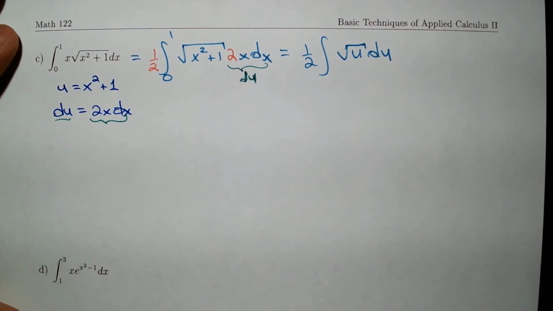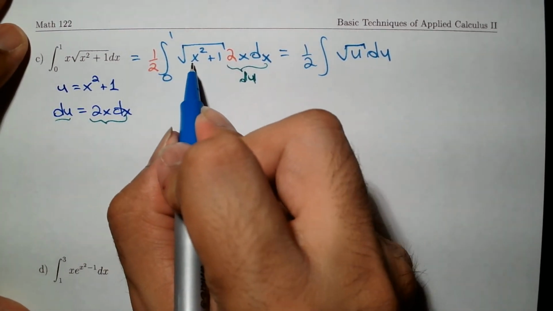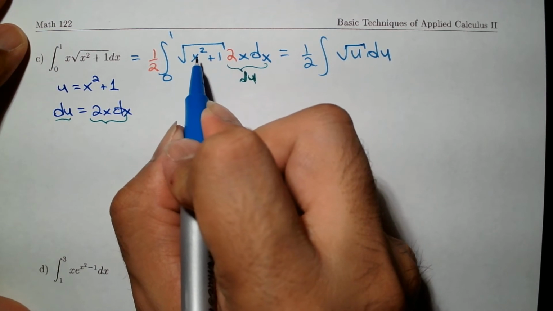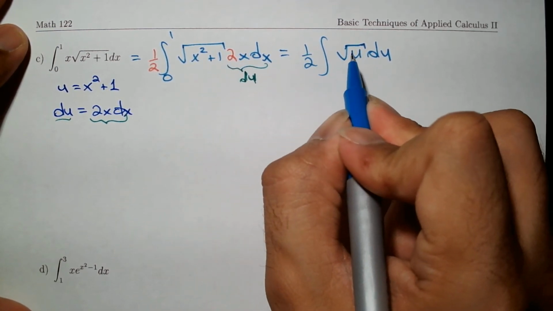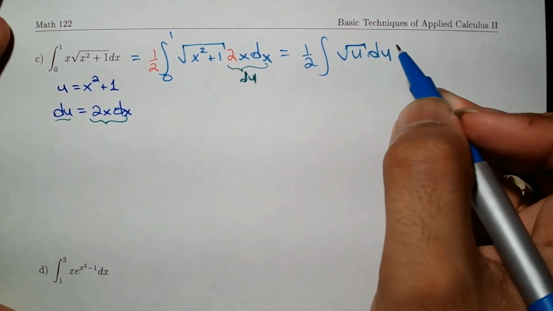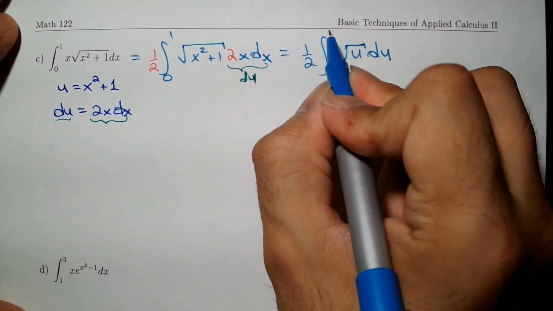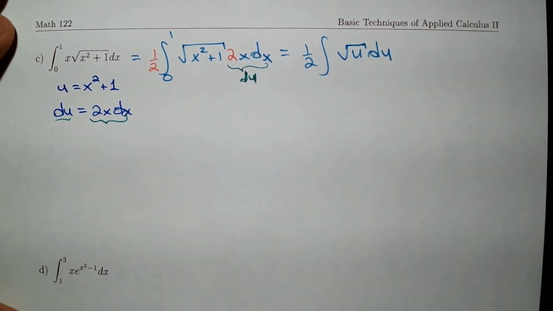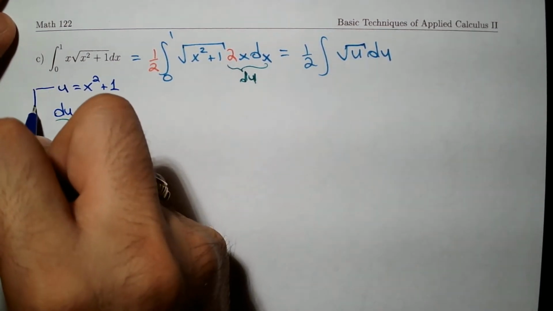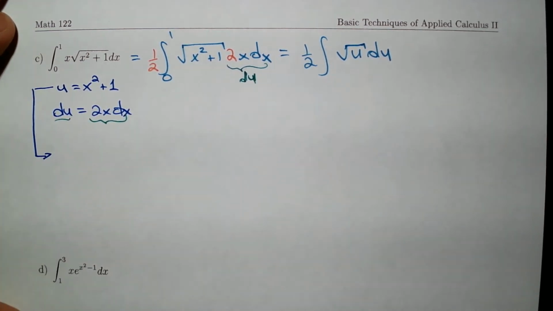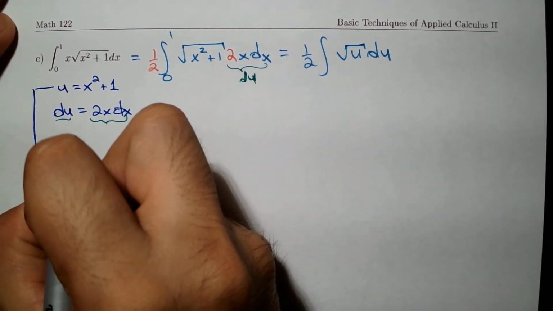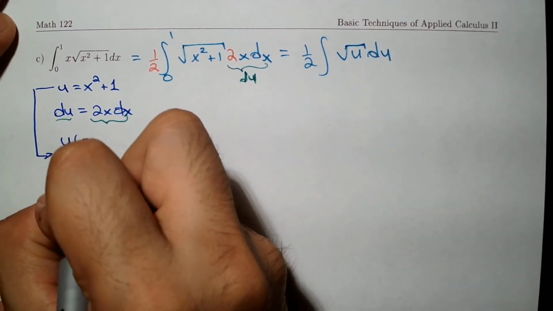Now in this case, we are changing all expressions that have x into expressions that have u. But we also have to change the limits and express them in terms of u, because not only the expressions get carried to the world of u, but also the limits of integration. How are we going to do that? Well, we use our expression of u. We evaluate u at the lower limit, which is 0.